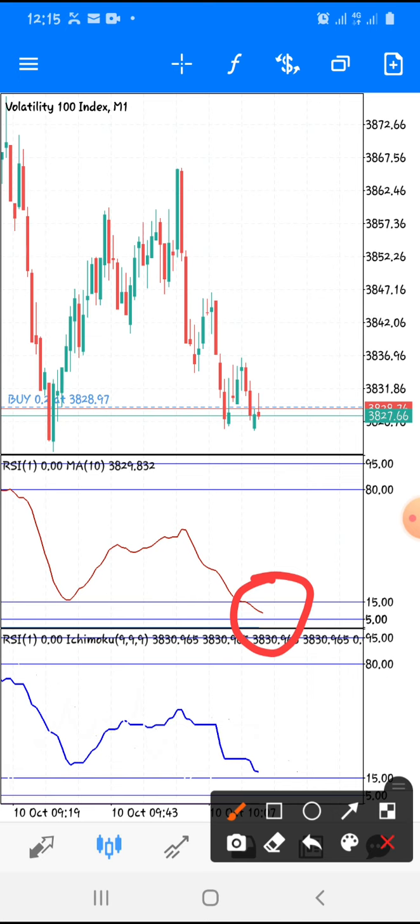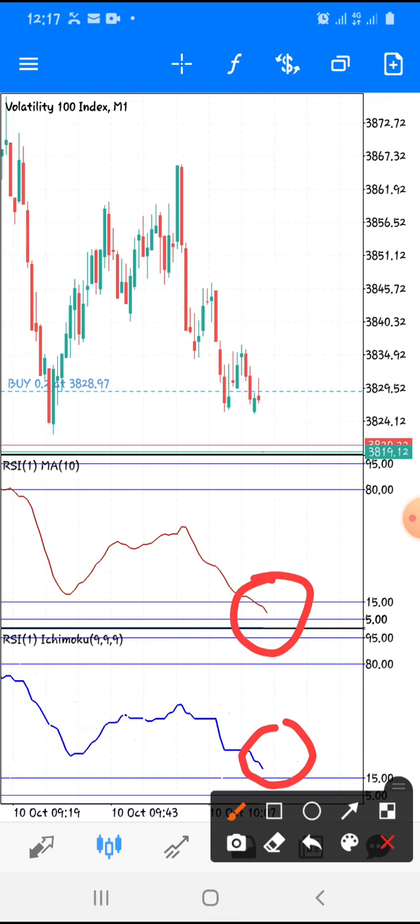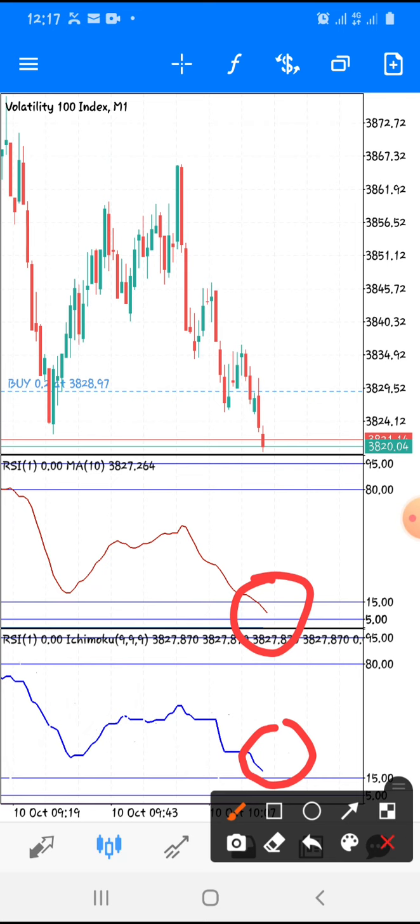And also here it should be touching or closer to the 15% level, then you click buy. You see what I was talking about before.